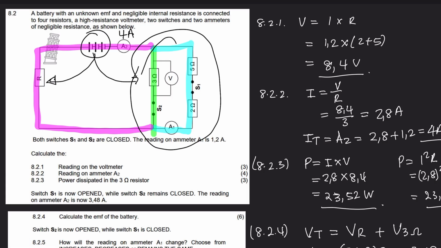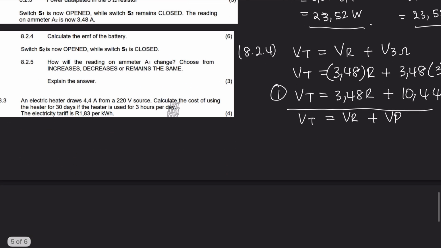And we also knew the voltage that was being used there. The voltage was 8.4 volts. Remember, we worked it out here at the top. So what can we say? We can say that Vt is equal to 4 times R plus 8.4. This is actually now equation 2.